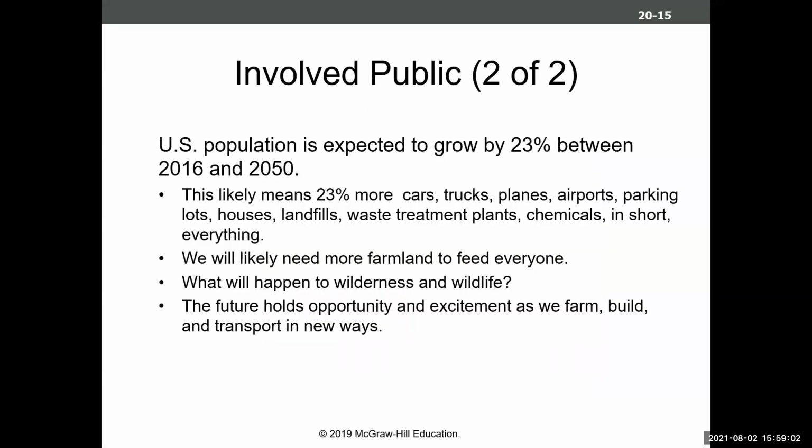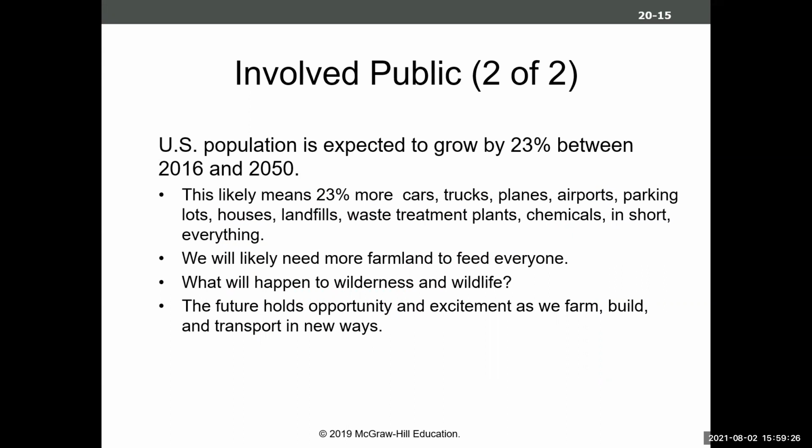And we've talked about population in past chapters, and so the U.S. population is expected to grow by 23% by 2050. So that's 23% more of everything associated with an individual: a car, a truck, a plane, airports, parking lots, waste, where that's going to be disposed.